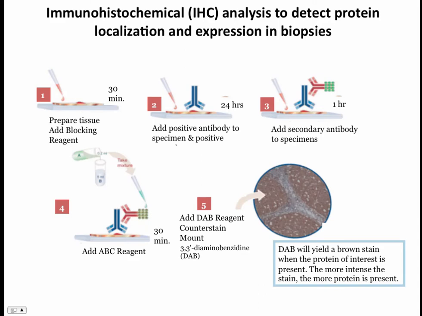So here is an example of how you can use these antibodies for research purposes. You can get a section of tissue. We can say this is a cancer tissue section, and you want to determine whether or not there's a high percentage of that protein that can give rise to cancer or not. We're really looking for targets. So you use this antibody that's going to look for the specific protein marker.